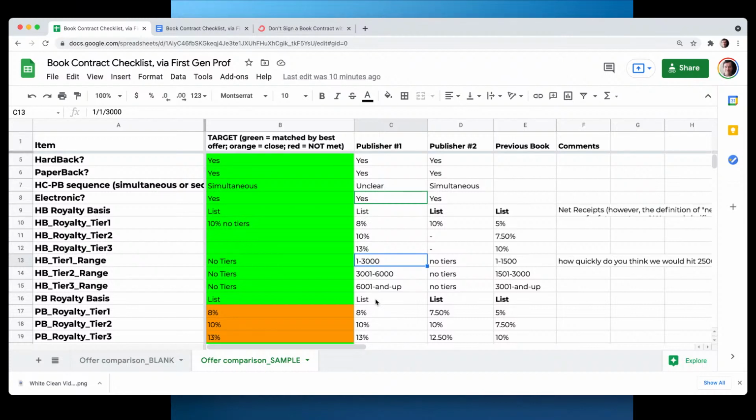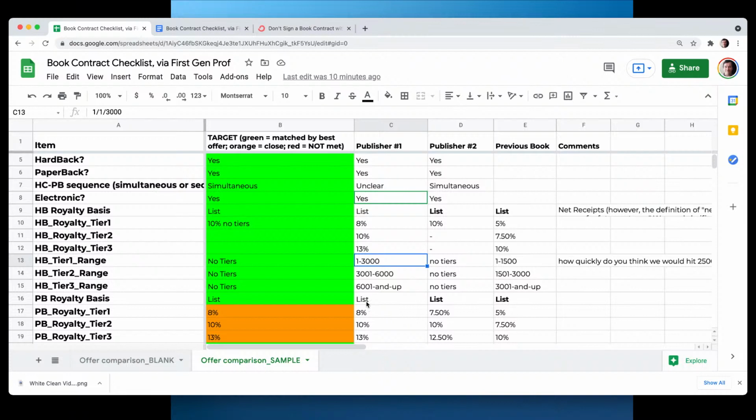Now, which one's better? Which one's worse? Obviously, the ability to have a royalty rate that climbs matters a lot. You want the ability to climb, but where you really, really want your royalty rate to climb along tiers is in whichever format the publisher plans to market the most.